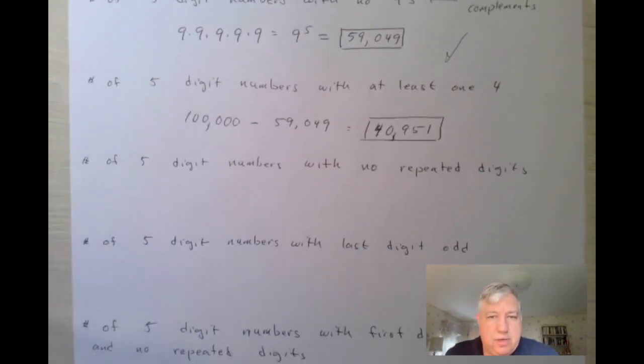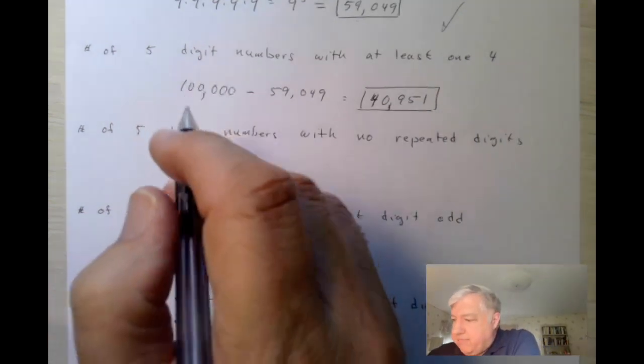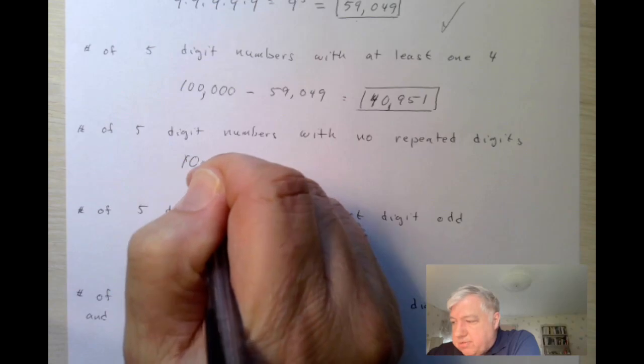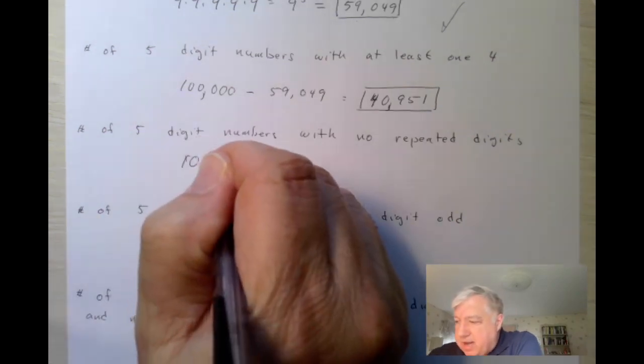Let's see, what's next here? 5-digit numbers with no repeated digits. If I asked you to give me a 5-digit number with no repeated digits, and you start picking your digits, the first digit can be anything you want, so there would be 10 possibilities. The second digit can be anything except the first digit, so there would be 9 possibilities.